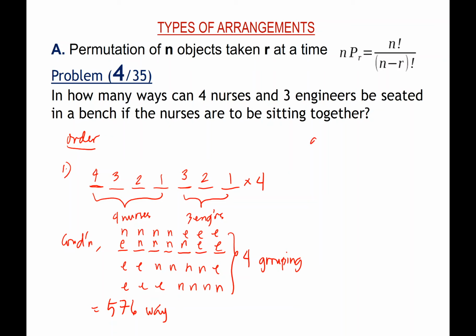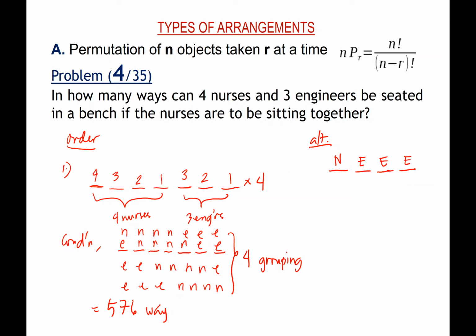Now the alternative solution is when we use our formula. Let's take a look first. Since they should be seated together, we assume 4 seats. This one is a group of nurses, let's say N, then engineer, engineer, engineer.